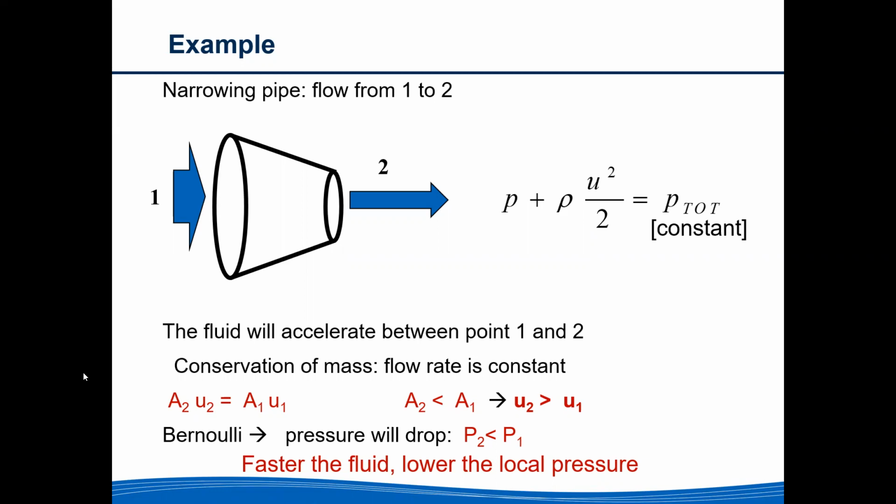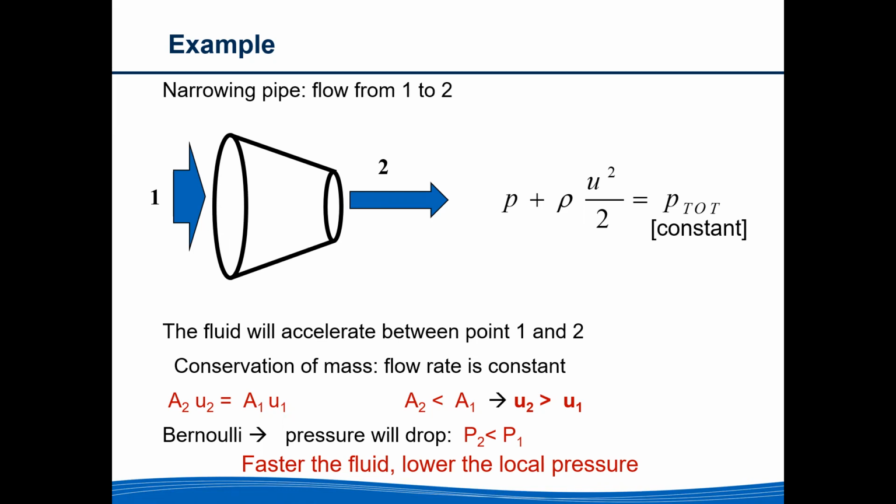So the area times the velocity at point 2 has to be equal to the area times the velocity at point 1. Since the area at point 2 is smaller than at point 1, the velocity at point 2 has to be higher, okay? So since A2 is less than A1, U2 is higher than U1.